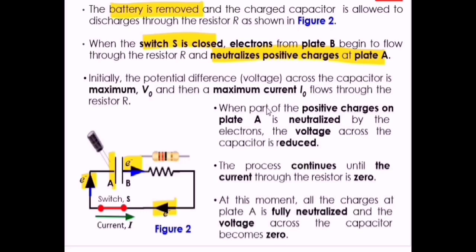Okay, so initially the potential difference across the capacitor is the maximum voltage. Earlier, when the capacitor was fully charged, it had maximum voltage and also maximum current. Then it will slowly discharge, and as it discharges, the voltage, or potential difference, decreases, and so does the current, because the charges are being removed.